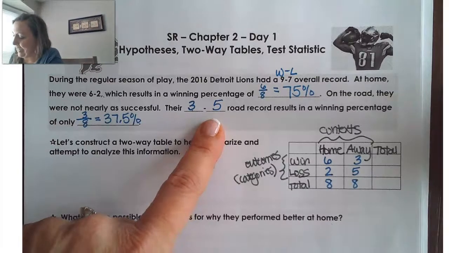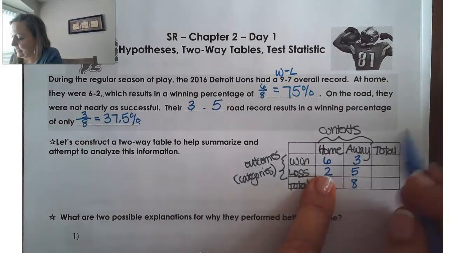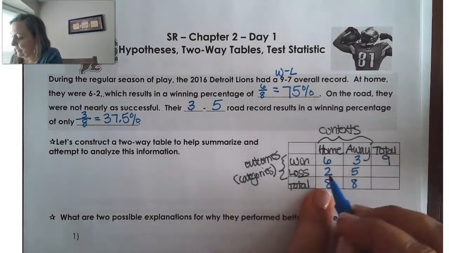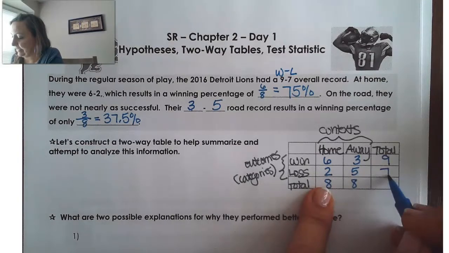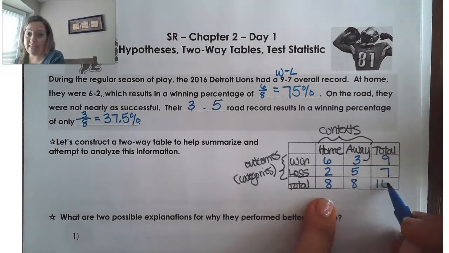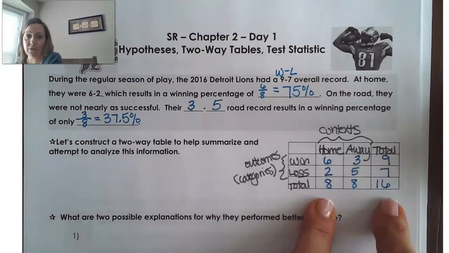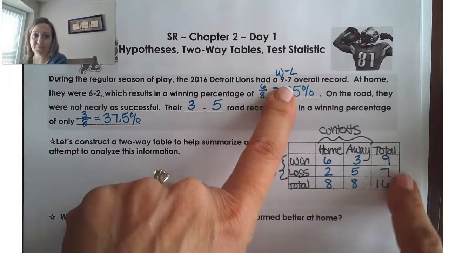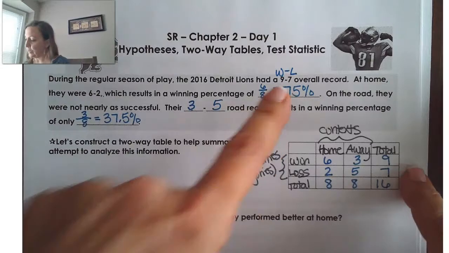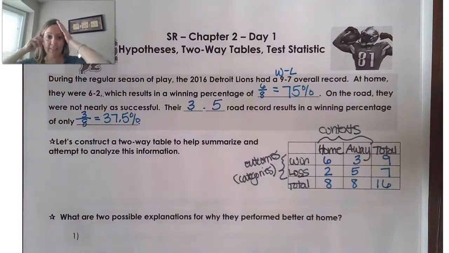And notice if we add 6 and 3, that's 9, 2 and 5 is 7, 8 and 8 is 16. Notice that 9 plus 7 is also 16, and that matches that overall record that they had given us here. So that's what a two-way table looks like, and that's one of our goals, is to have that.